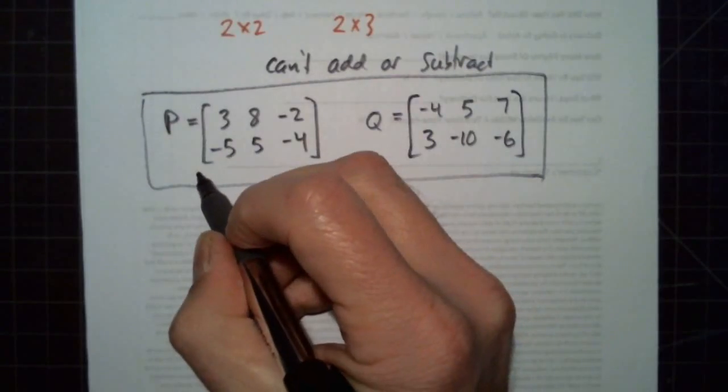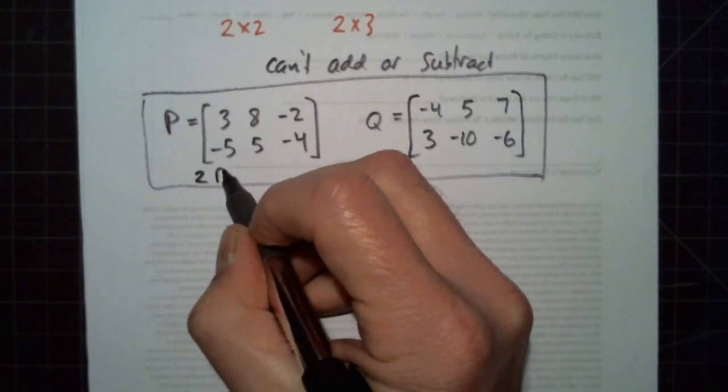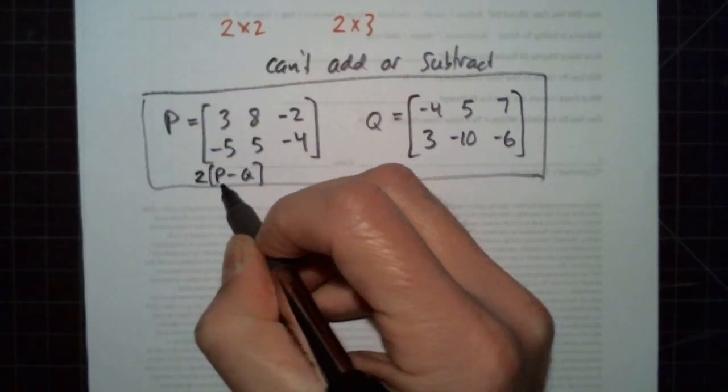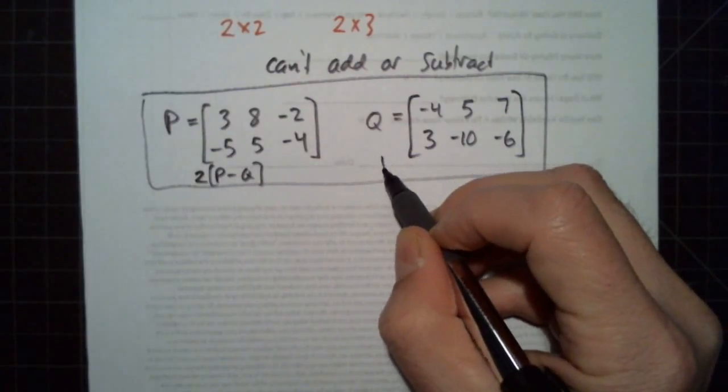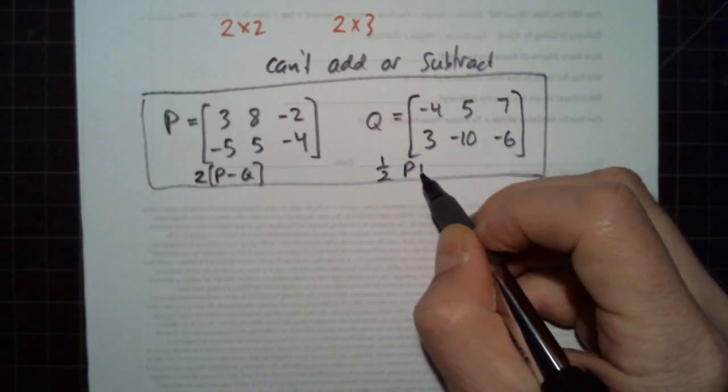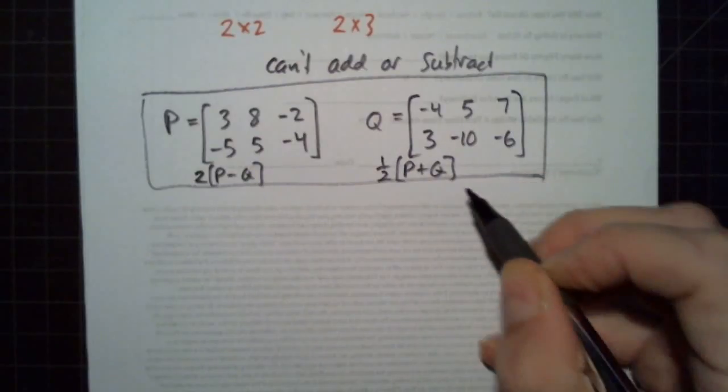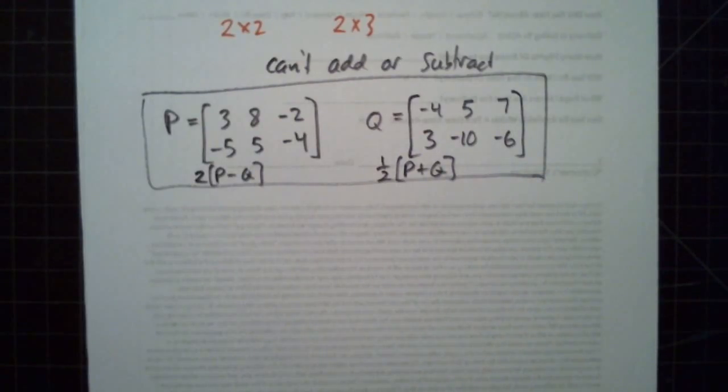Oh, and then we have to do 2p minus q, and here will be, let's do 1/2 p plus q. So more of the same, addition and subtraction, just a little different way of asking the question.